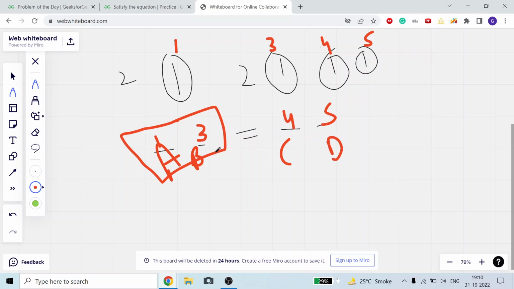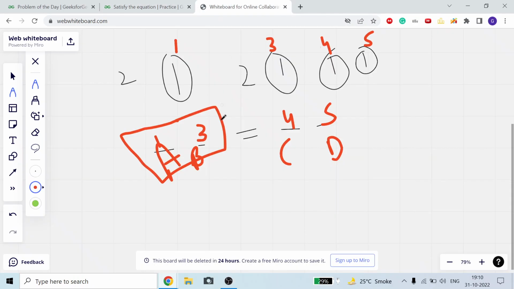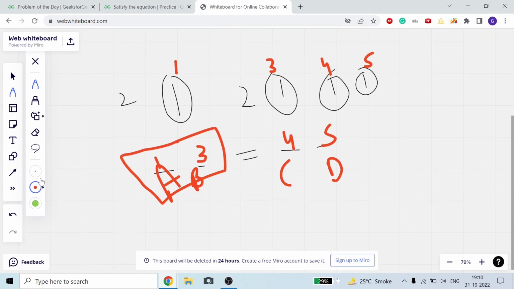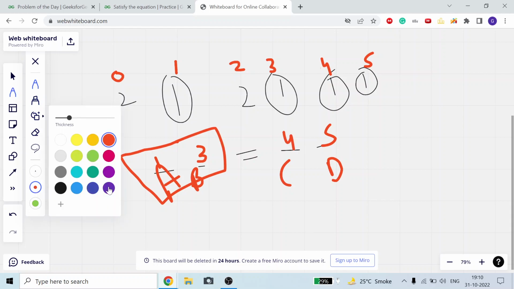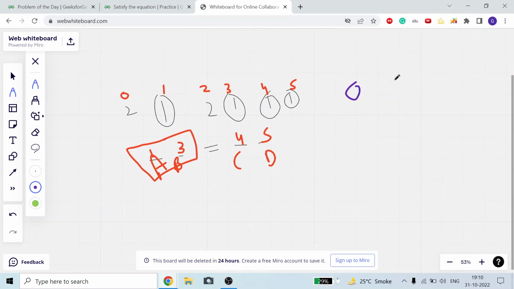Okay guys, but we have to find the lexicographically smallest. Suppose there are many four-index pairs that satisfy a plus b is equal to c plus d. Here is one more pair we have. If we select 0, 1 and 2, now the order of the pair here is 1 3 4 5.